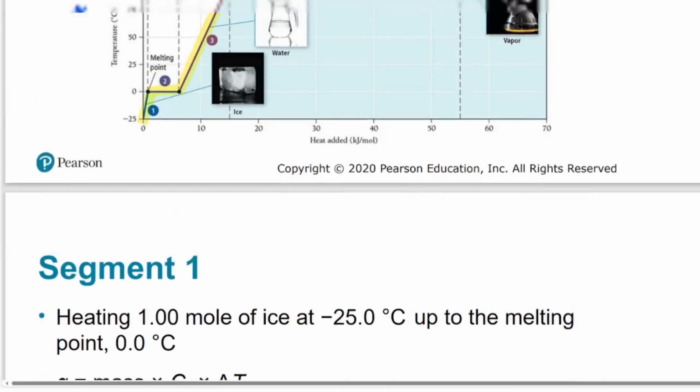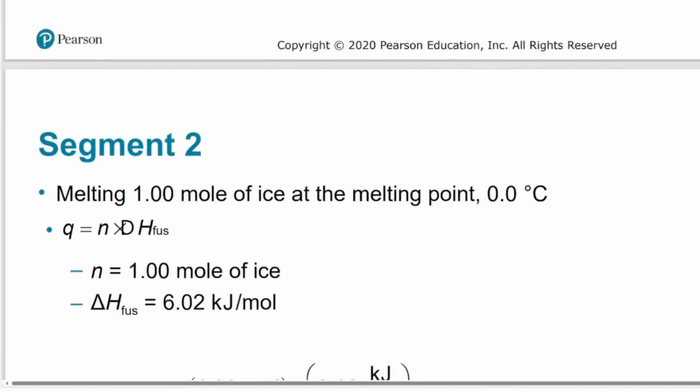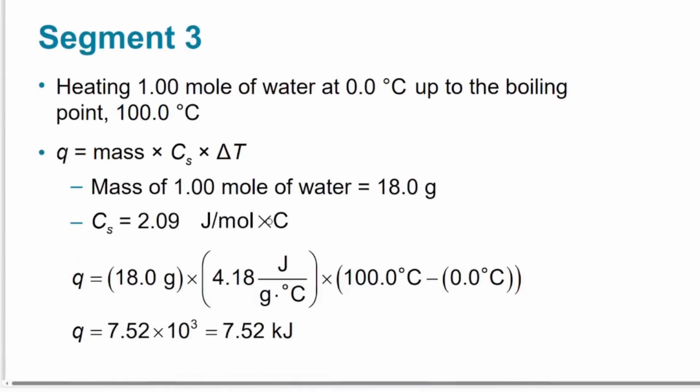Next, we'll be looking at segment 3, where all of our ice has been converted to water, and we're heating the water from 0 degrees C to the boiling point. So this is segment 3. We're heating 1 mole of water at 0 degrees C up to the boiling point at 100. And we're governed by the equation Q equals m C sub s delta T, where C sub s is the C sub s for water.